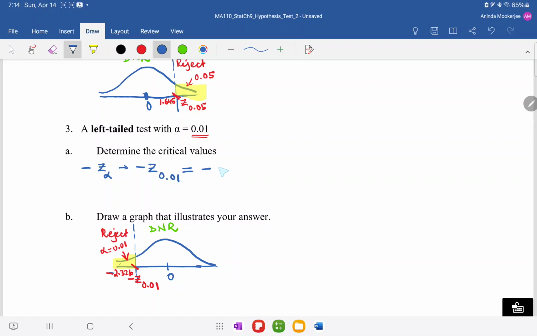That's equal to negative 2.326. So that's how we are going to find the critical values when we use the critical value approach. And then we are going to bring our test statistic and see in which region it falls, and then take a decision accordingly. But we will do all that in the next few worksheets.